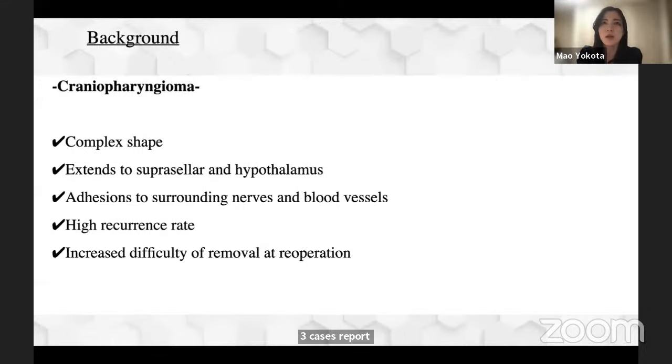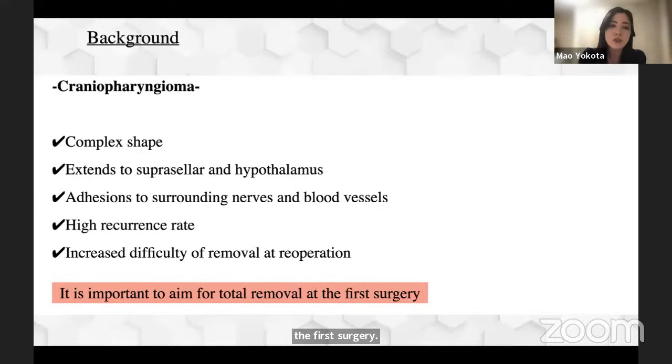Craniopharyngioma always has a complex shape, extending to the suprasellar region and hypothalamus. There are adhesions to surrounding nerves and blood vessels. If you leave a tumor piece, it often recurs at a high rate, and reoperation is much more difficult than the first surgery. So it's important to aim for total removal at the first surgery.